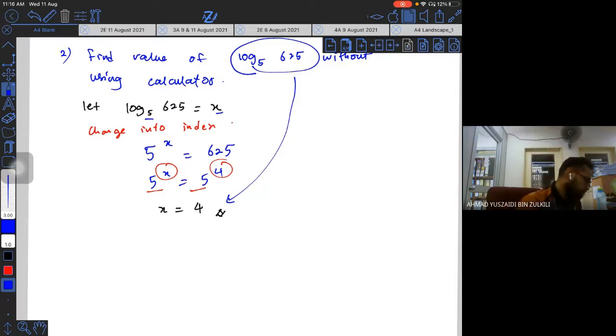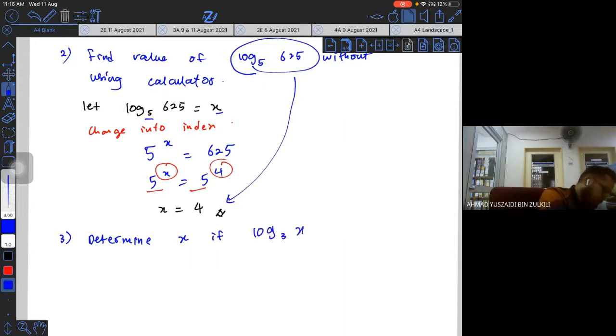Okay, now another one. Determine x if log x base 3 is equal to 4. Now disuruh find the value of x. So, same as question number 2. Cuma this time we can directly change it to index. Terus change it to index.